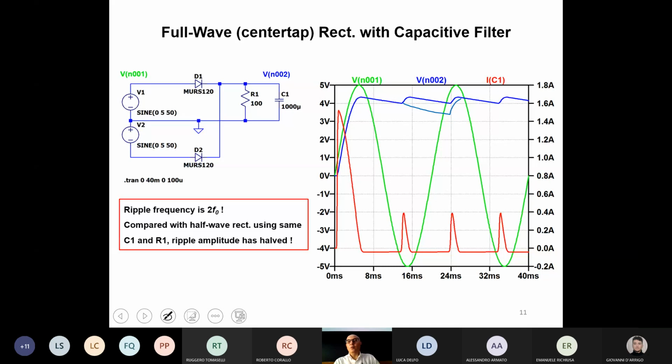While in this case, just at half of the time, say after 10 milliseconds, there is a new pulse of current which charges again the capacitor. When we develop a formula for this variation, we will try to calculate this ripple. We will see that the frequency of the ripple is on the denominator of the amplitude. So if we have the frequency which is 2 times, the ripple is half. And that's more or less what we can see here.